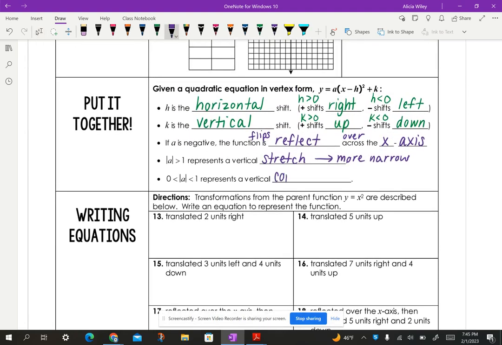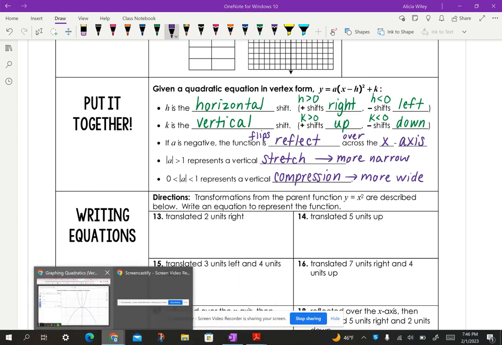In these notes, they use the word compression, and they use the word compression because it's compressing down towards the x-axis, becoming more and more flat. And I think the Desmos activity said something about it becoming more wide. Again, you can describe it using whichever words you want to use as long as it makes sense to what is happening in the problem.